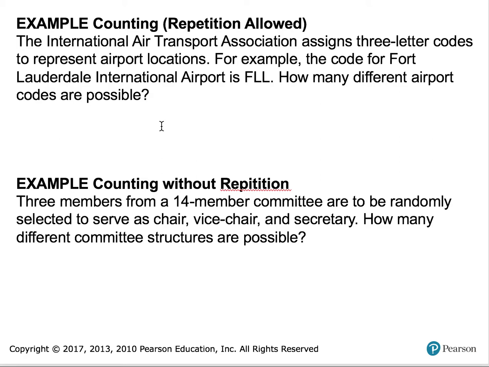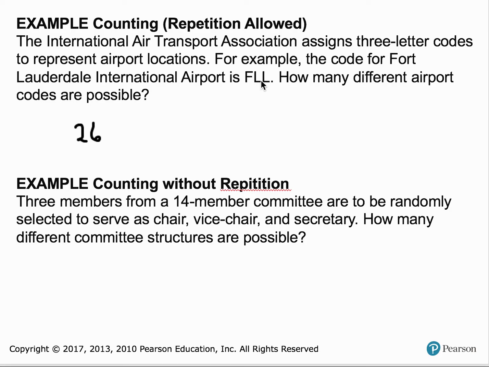The International Air Transport Association assigns 3-letter codes to represent airport locations. For example, the code for Fort Lauderdale International Airport is FLL. And we know that the code for Dallas-Fort Worth is DFW. So how many different airport codes are possible? Okay, well, if it's 3 letters, for the first letter we have 26 choices, right? A through Z, there's 26 of them.